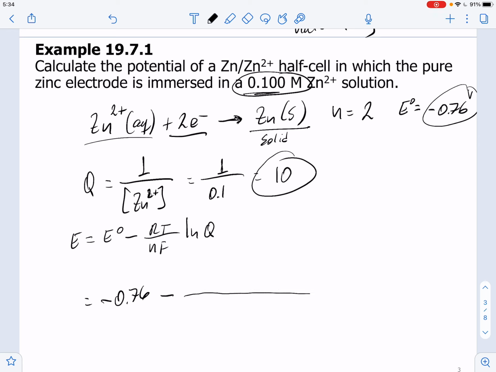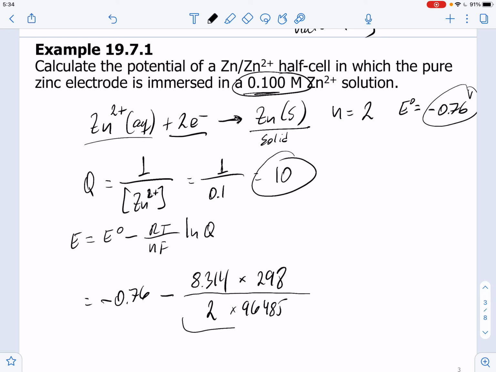the fraction that you obtain when you multiply 8.314 times 298 divided by 2, because it's the number of electrons, times the Faraday constant 96,485.